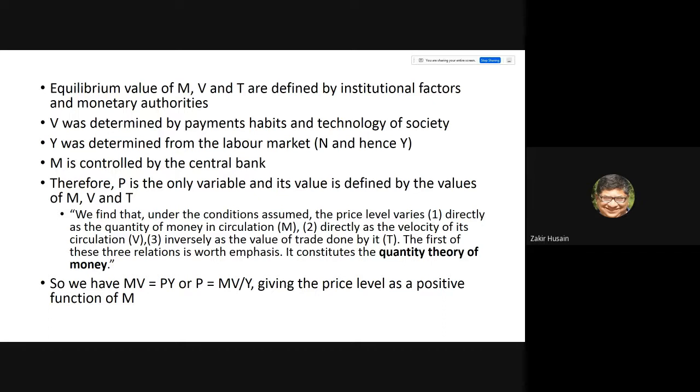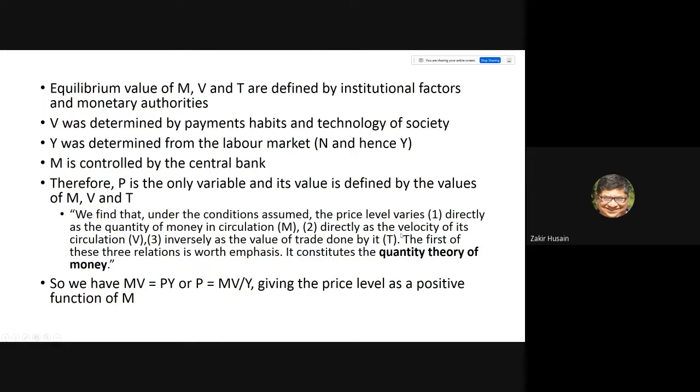Fisher argued that, given what I've written on the slide, that V, Y, and M are exogenous, the price level will vary directly. Look over here, this will be easy to understand. The price level is going to vary directly with M and the velocity of money. It is going to vary inversely with the value of trade done.